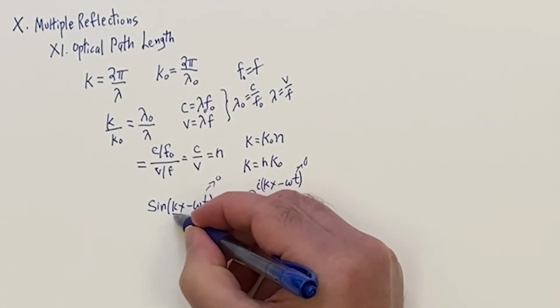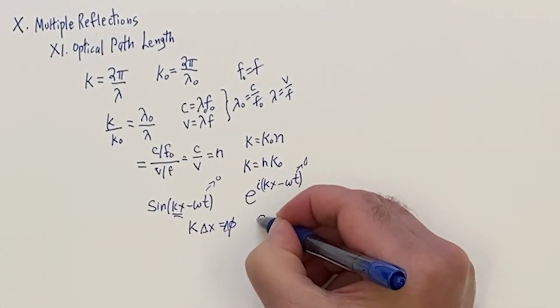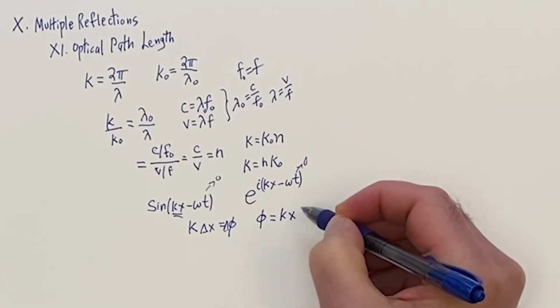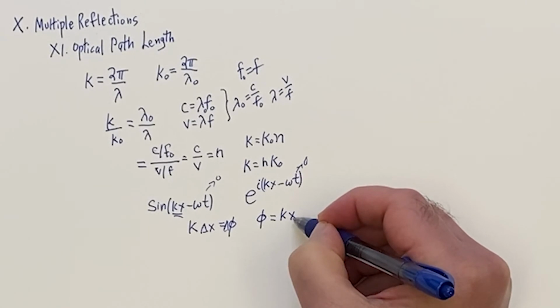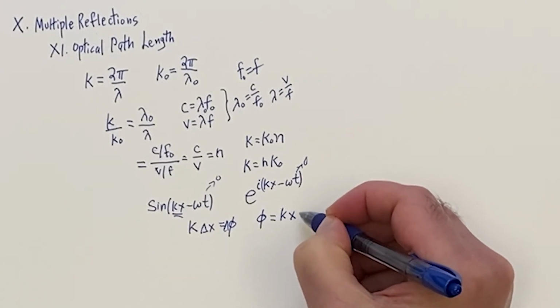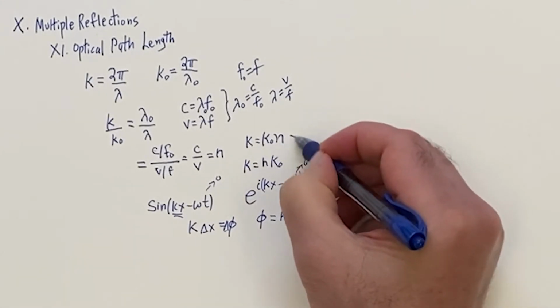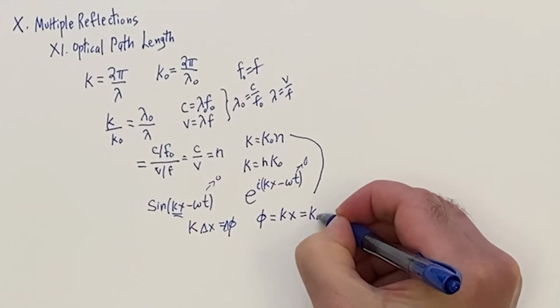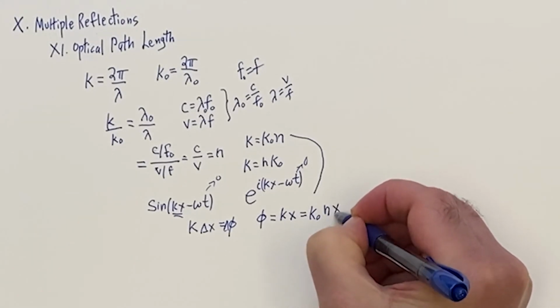You can look at this as representing the phase due to the traveling, where x is the geometric distance traveled, but using the formula here, you're going to have k naught n x.